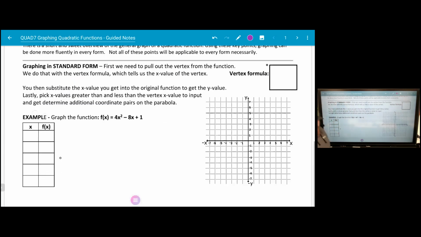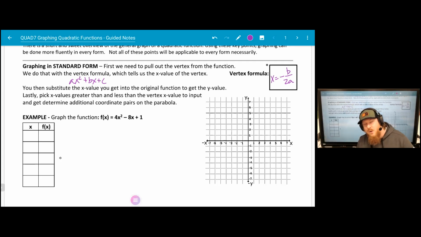We have to find the vertex from this. Remember, standard form is ax squared plus bx plus c. First we're going to find the x coordinate of the vertex. To do that, we say that x equals -b divided by 2a. If you say, Mr. Brayman, that looks awful familiar, that looks a lot like the quadratic formula, you'd be right.